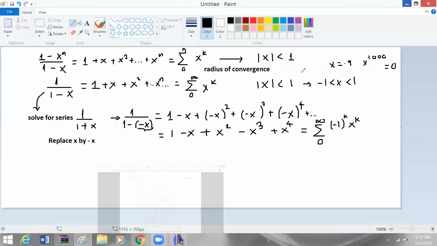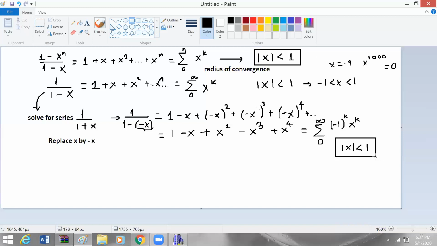So we need the radius to still be the same, which is the absolute value of x less than 1. It's really important to keep the radius of convergence, because if we don't keep it, we don't know whether the series is going to converge or diverge. The same thing for this part. So let's say, how can we look for the ln of 1 plus x?